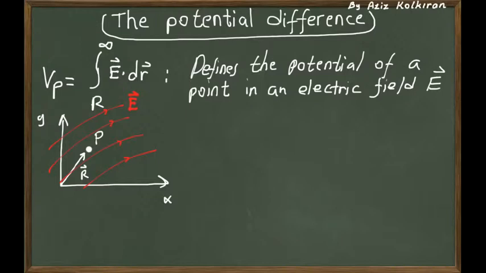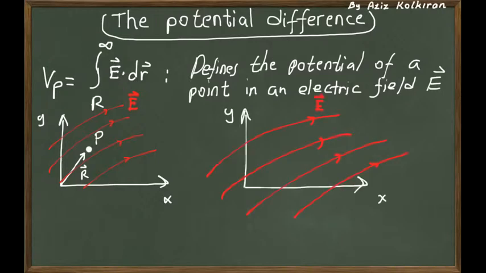It doesn't depend on the line you choose. It doesn't depend on the path you choose. This integral is always the same. I will show this to you in an example. Don't worry about it. There is no difference. But if you take this integral along different paths, of course dr will be different for each path, so the only difference is you have to work with different drs. I will clarify everything in examples.